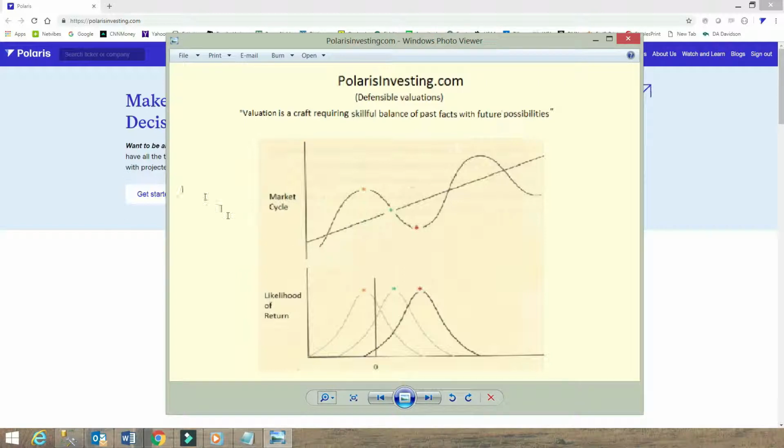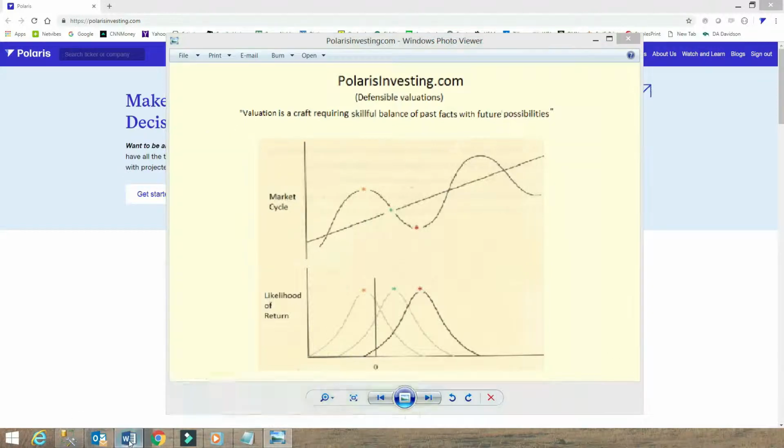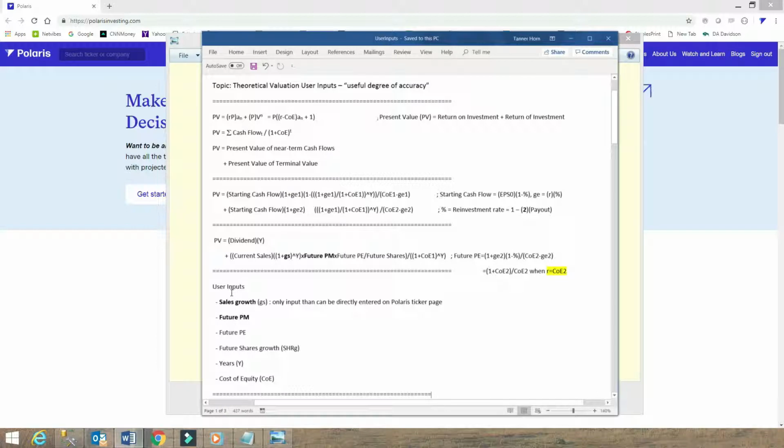Also, as a reminder, let's quickly review the valuation formula used by PolarisInvesting.com. The valuation formula consists of 6 inputs shown at the bottom here: sales growth, profit margin, price earnings multiple, future shares, years in the near term, and the cost of equity.